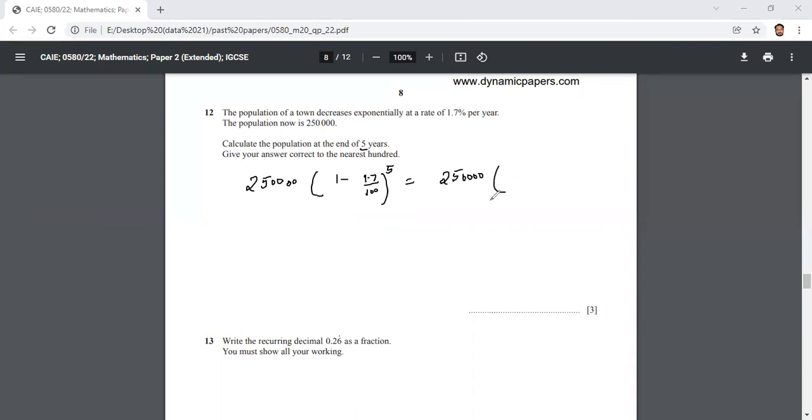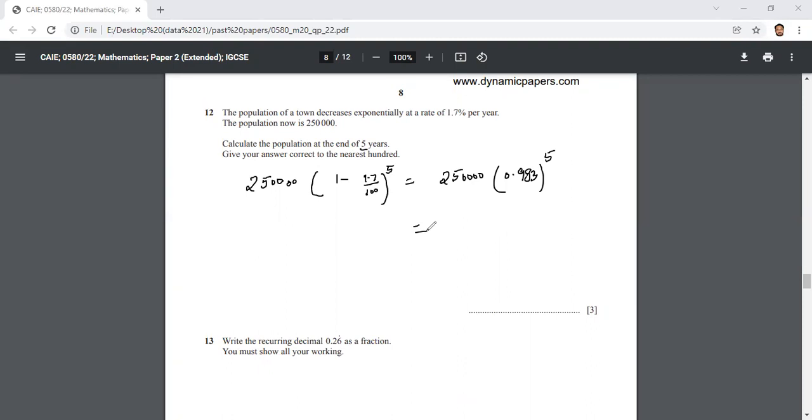250,000. And if we simplify, we'll get what? 1.7 divided by 100. I'm going to check in calculator, okay? So it is 0.983 whole power 5. So once you take the 0.983 and we have power 5, what does it give us?